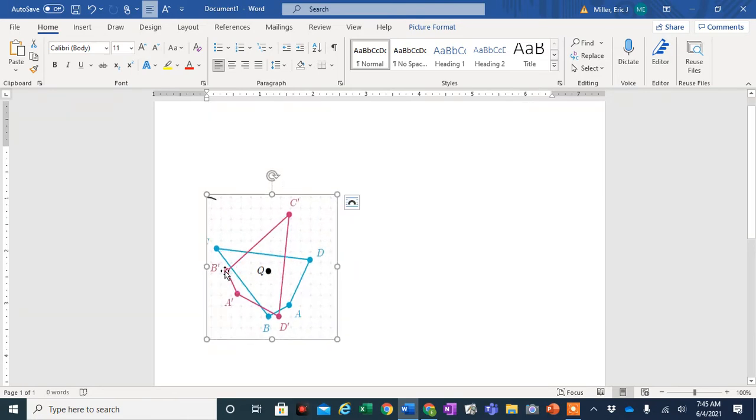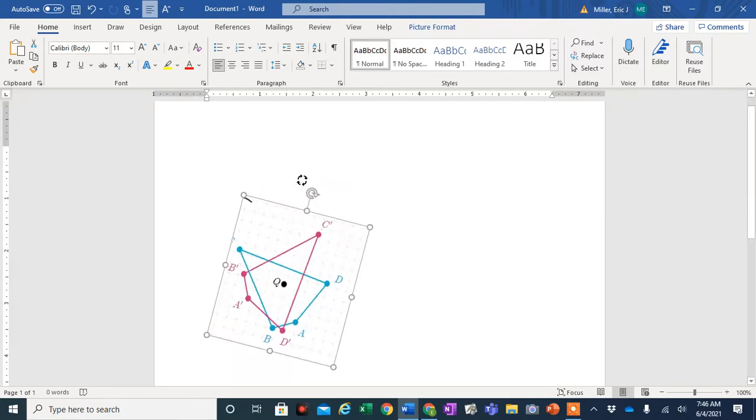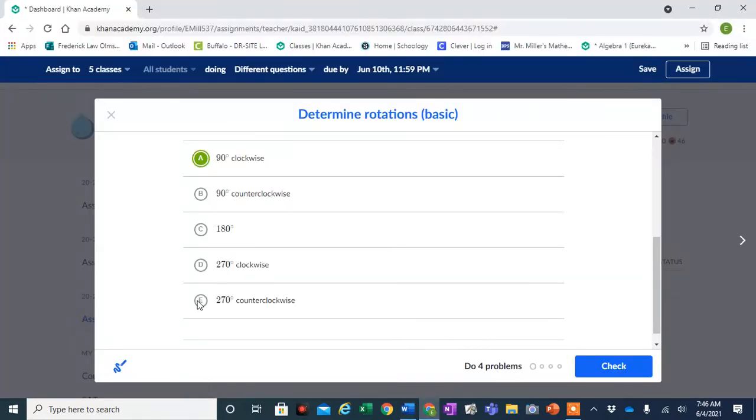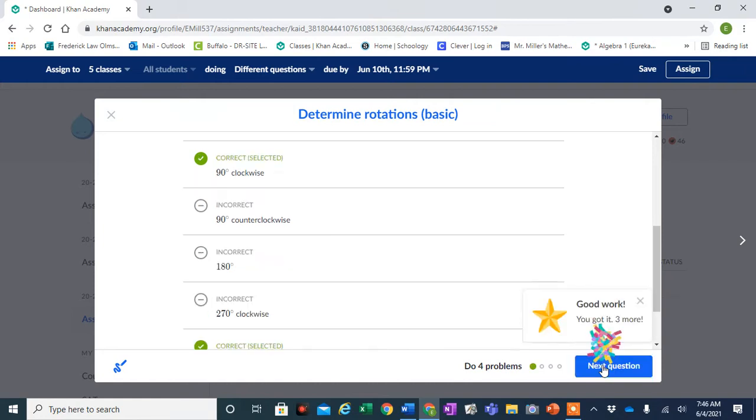So in the original, these are over on this side, A and B. And when we were just a second ago, A and B were also on that side. So that would mean that 270 counterclockwise would also work.